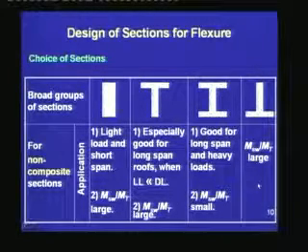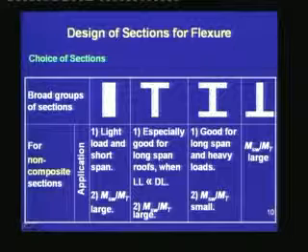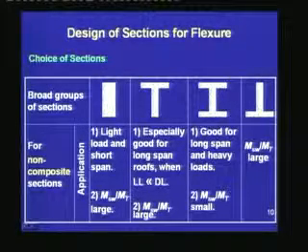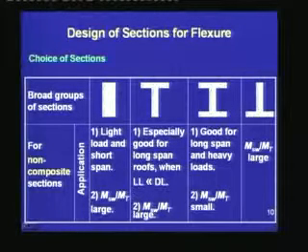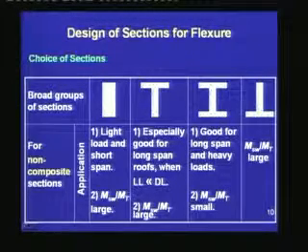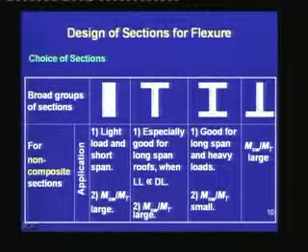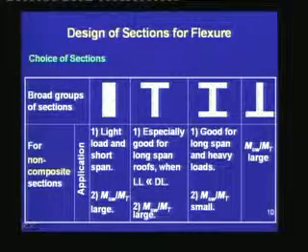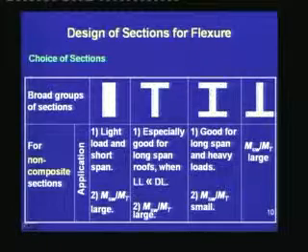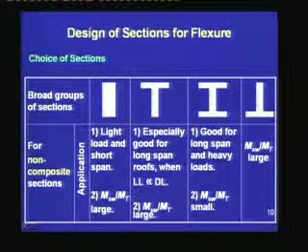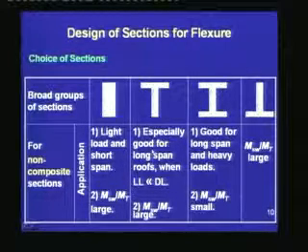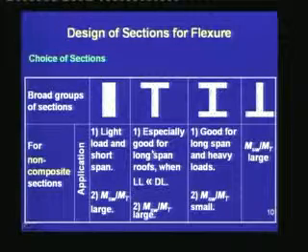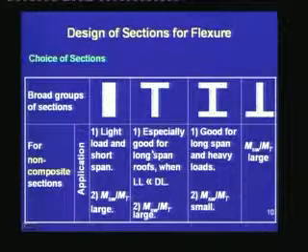If we look into the applications of this type of sections as non-composite sections, then the rectangular sections are used for light load and short span, and for this applications the self-weight moment, which is represented as MSW, is quite large compared to the total moment the section has to carry, which is represented as MT. The T section is good for long span roofs when the live load is much smaller compared to the dead load.